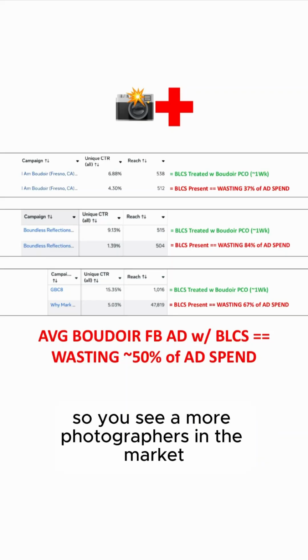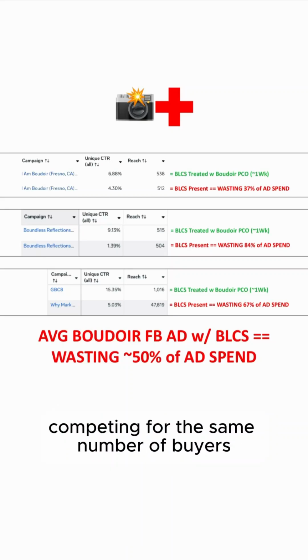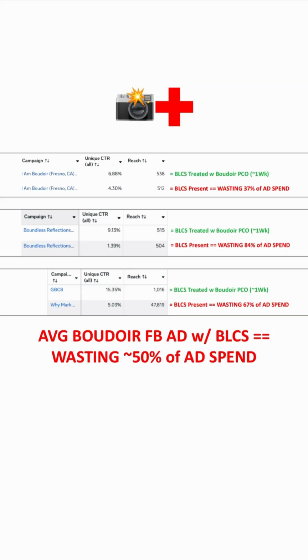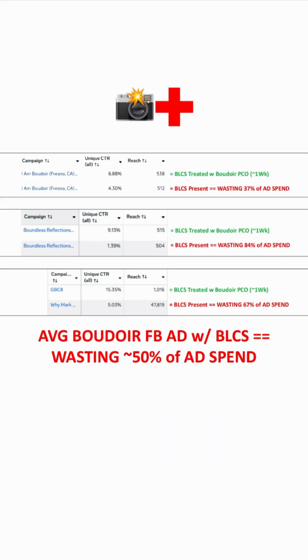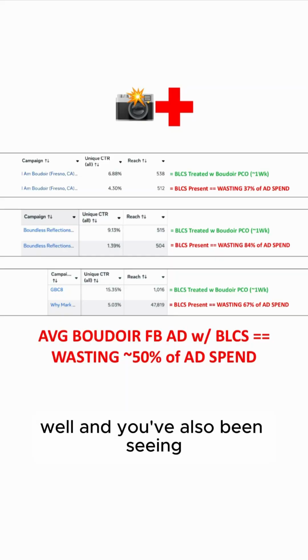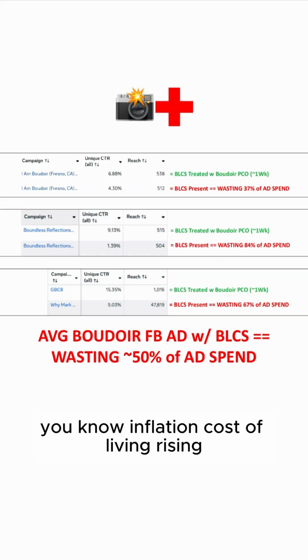So you see more boudoir photographers in the market competing for the same number of buyers. More saturation, more saturation, more saturation. And you've also been seeing inflation, cost of living rising.